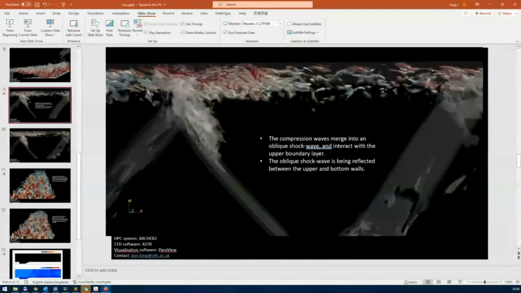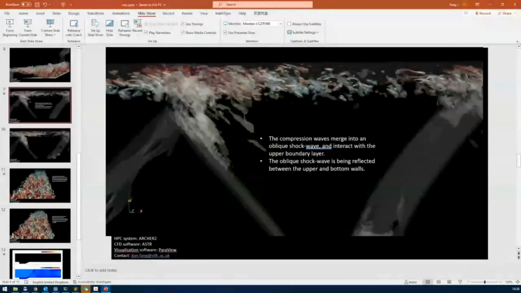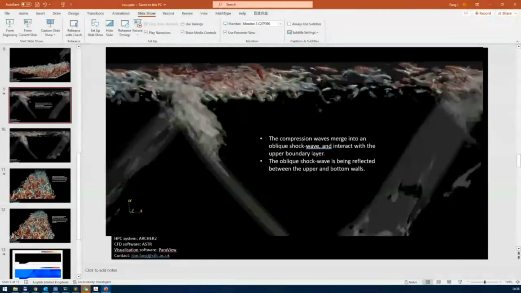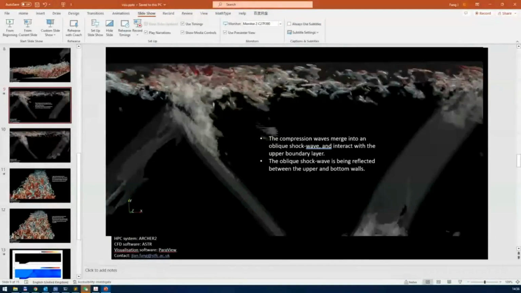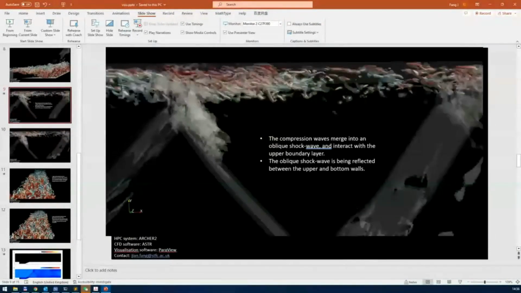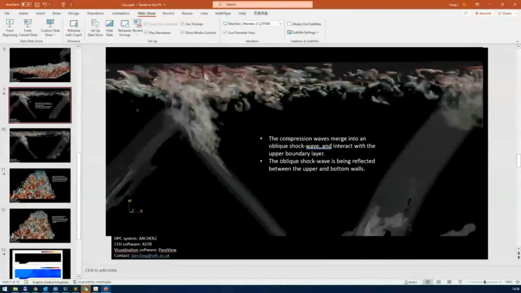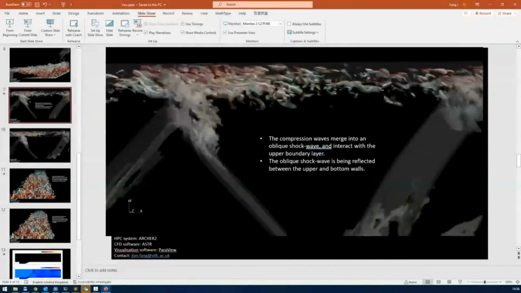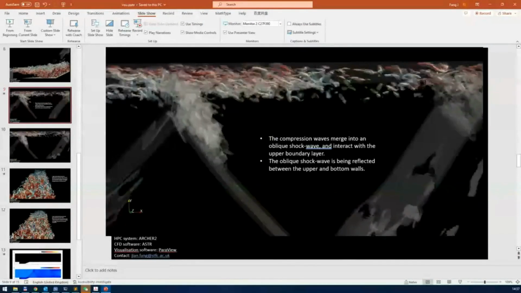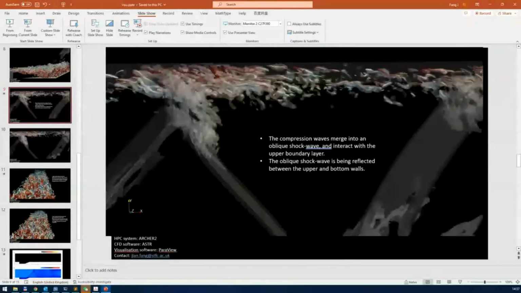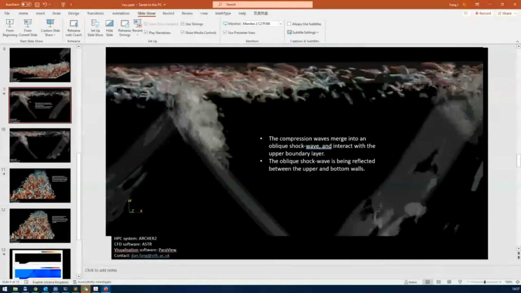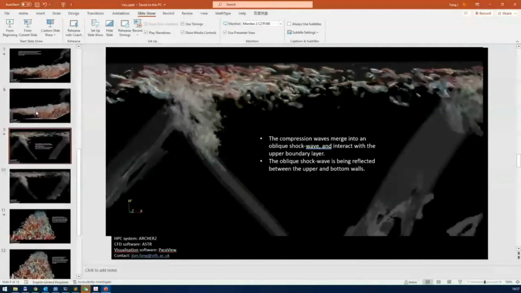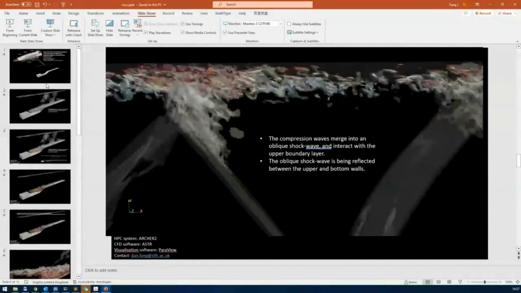We actually published this result in Physics of Fluids recently, where we analyzed the loss. It turns out that at this Mach number and Reynolds number, the loss caused by the shock wave is quite minimal. So for this configuration, the detailed position of the shock wave does not really matter. But the selection of the geometry, I think, is another question.